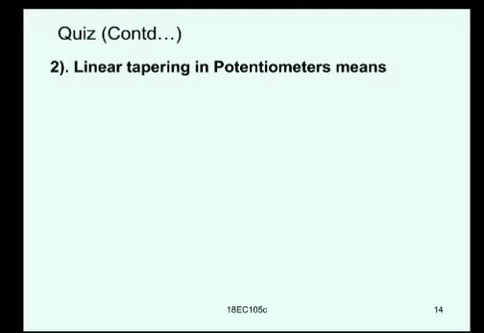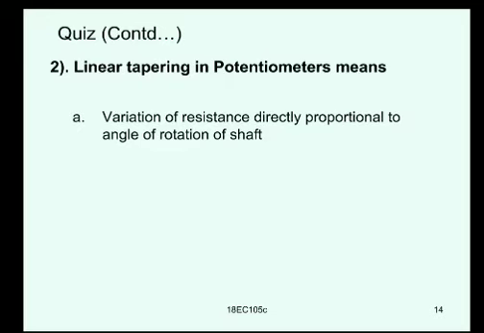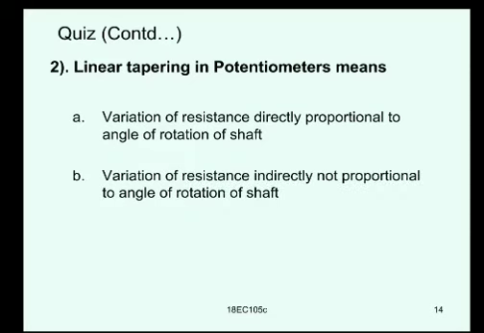Now next one. Linear tapering in potentiometer means: choice A, variation of the resistance directly proportional to angle of rotation of the shaft. Second choice is variation of resistance indirectly not proportional to angle of rotation of shaft.